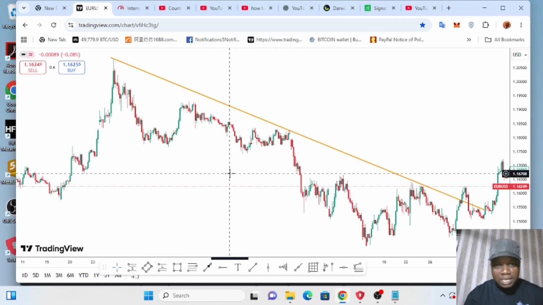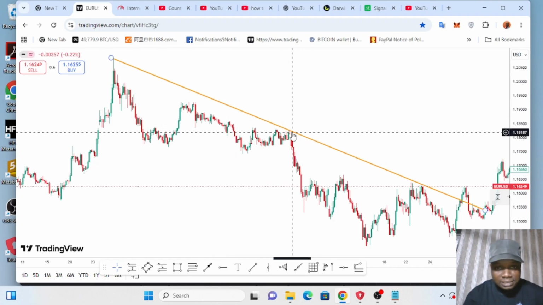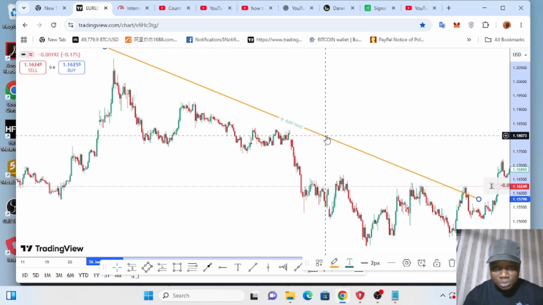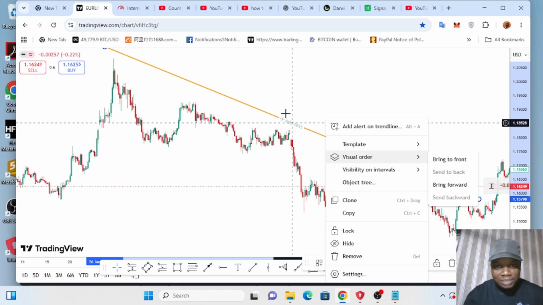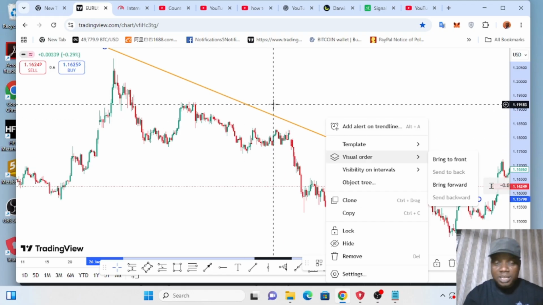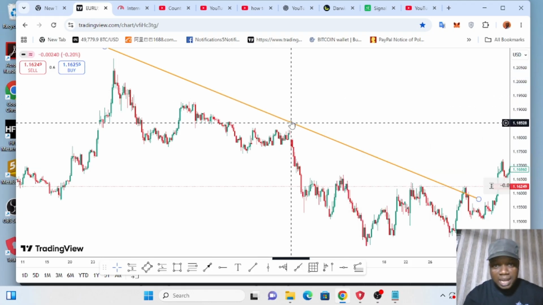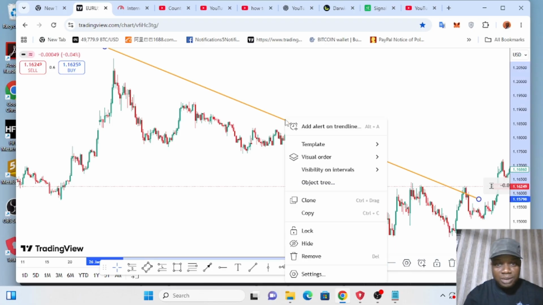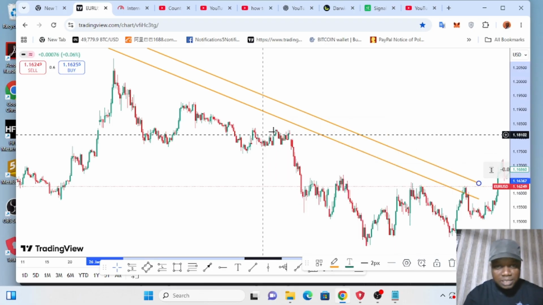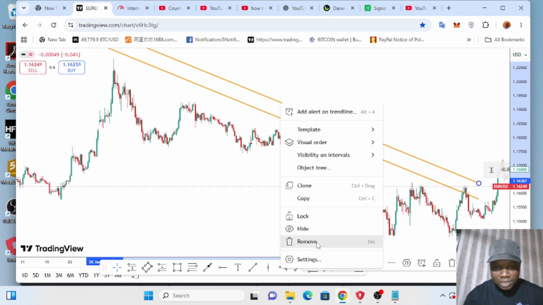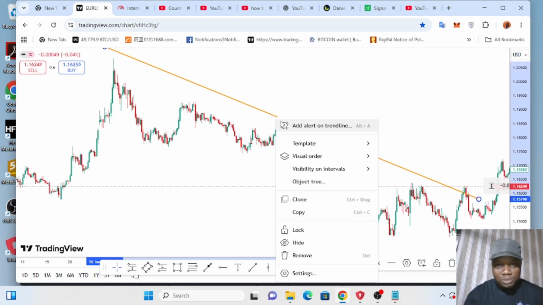This is the second mistake. The third mistake I normally see is that some traders, after they have struggled using trend lines and keep losing money, will tell themselves, okay, I'm not going to use week to week again.